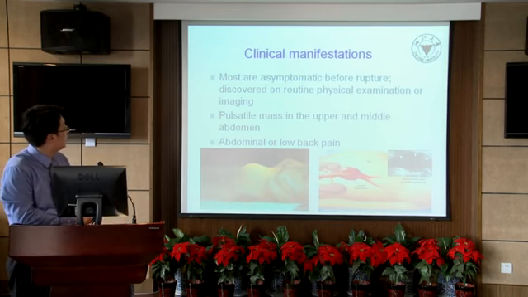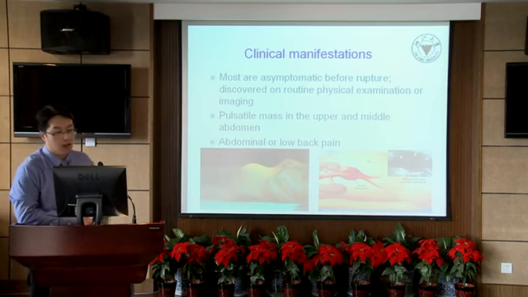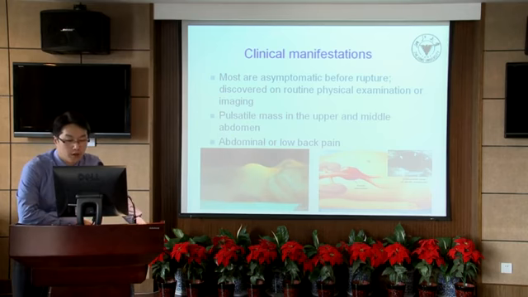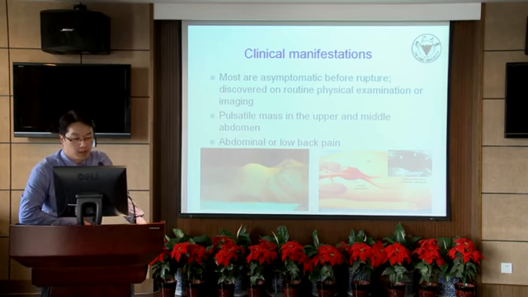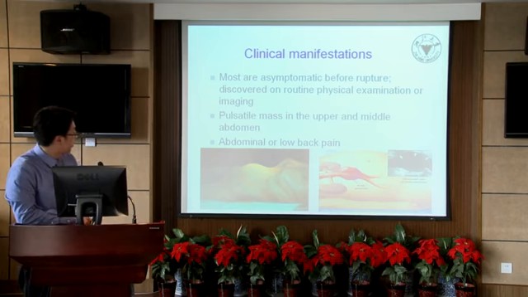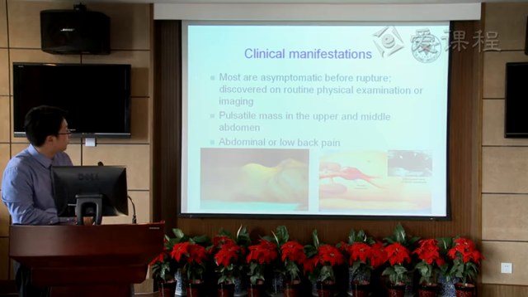Clinical manifestation. Most are asymptomatic before rupture, discovered on routine physical examination or imaging. Pulsatile mass in the upper and middle abdomen, abdominal or low back pain. This is the abdominal aortic aneurysm.